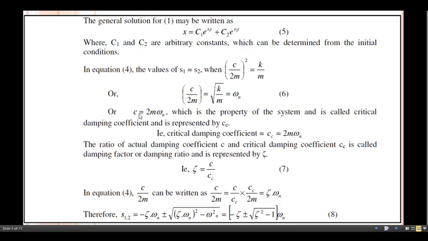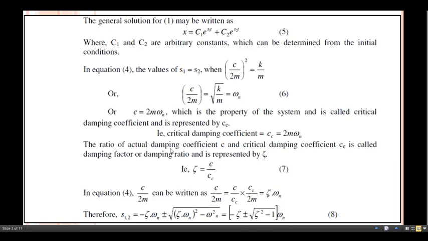Now what about this c? If I take this 2m to the right side, we get c equals 2m into omega n, which is the property of the system and is called the critical damping coefficient, represented by Cc. That is, critical damping coefficient Cc equals 2m into omega n.